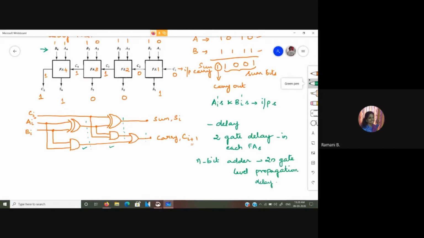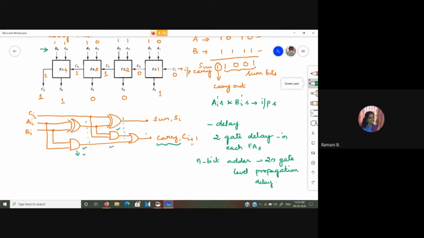Okay, here in order to get the final carry, that is Ci plus 1, this OR gate depends on the output of this AND gate and this AND gate. However, with the first AND gate, the value is immediately available because it is directly the inputs Ai and Bi.